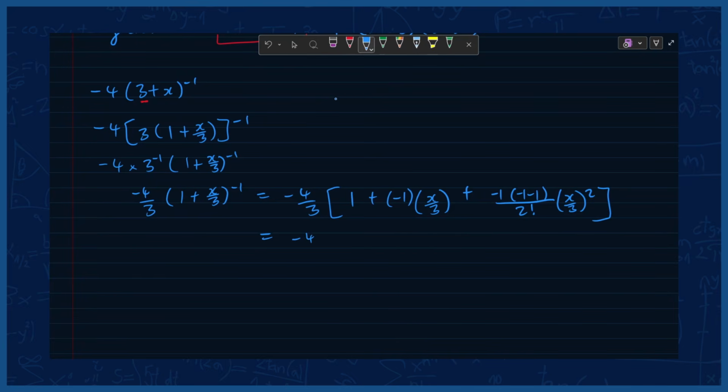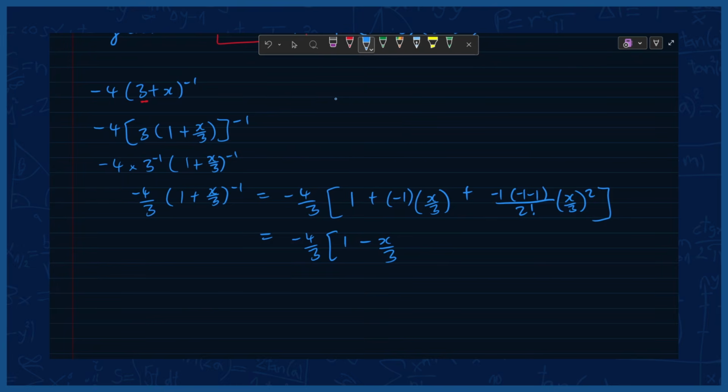So I've got negative 4 thirds, and I've got 1 minus x over 3, and then let's simplify the coefficient on x squared there. So it's going to be negative 1 times negative 2, divided by 2 factorial, and this is multiplied by, keep in mind that on the x over 3, when I expand this, it's x squared over 3 squared.